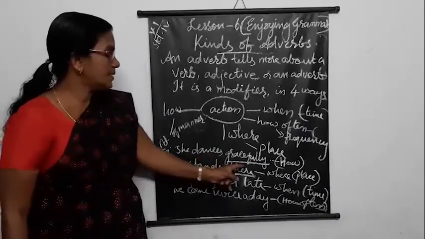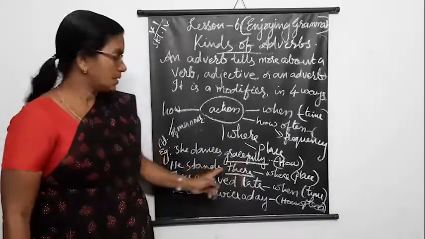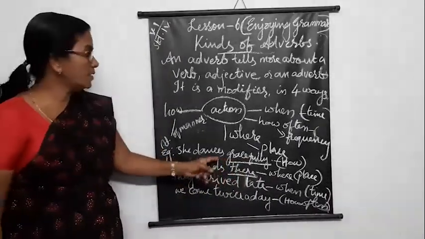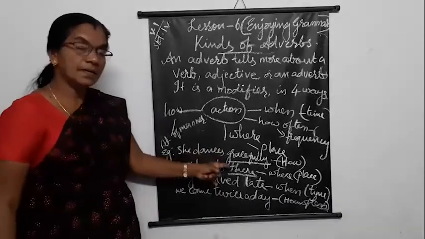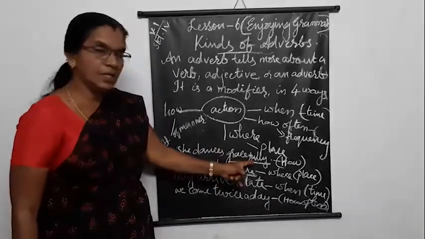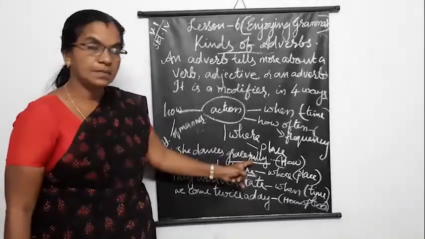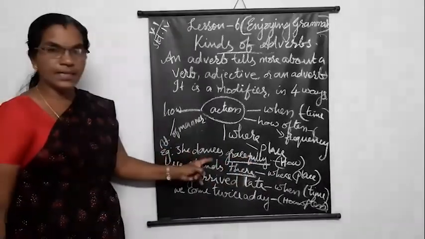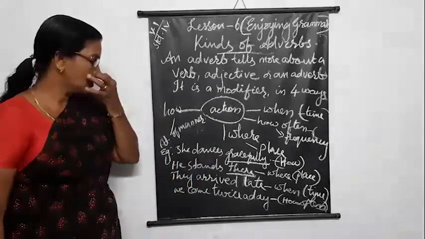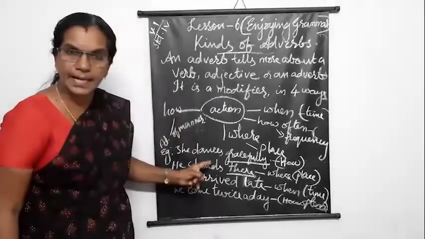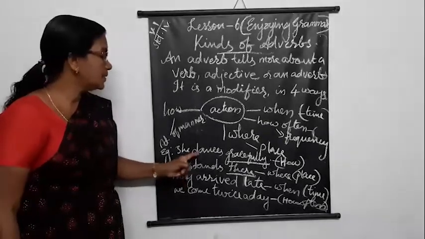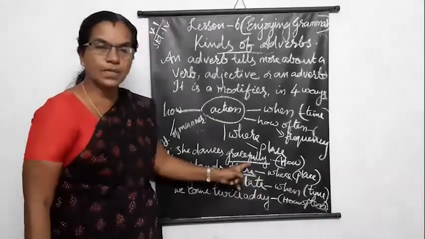She dances gracefully. Can you say, children, which is the adverb here? Gracefully. When we ask a question, how does she dance, we will get the answer, she dances gracefully.